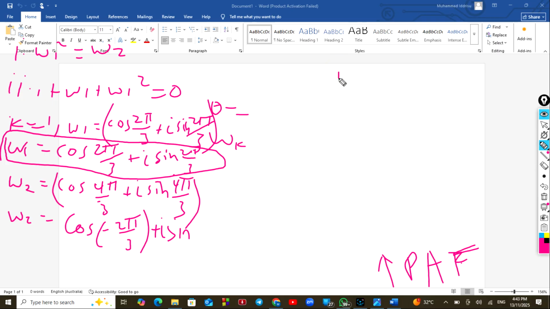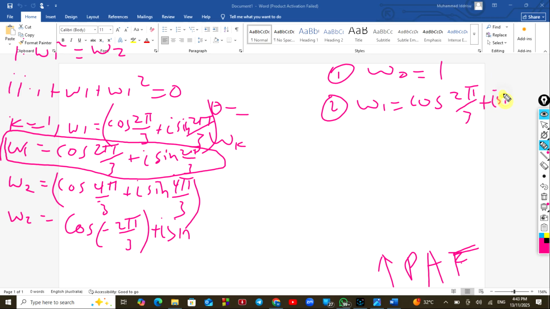So 1, W0 is equal to 1. 2, W1 is equal to cos 2 pi over 3 plus I sine 2 pi over 3.